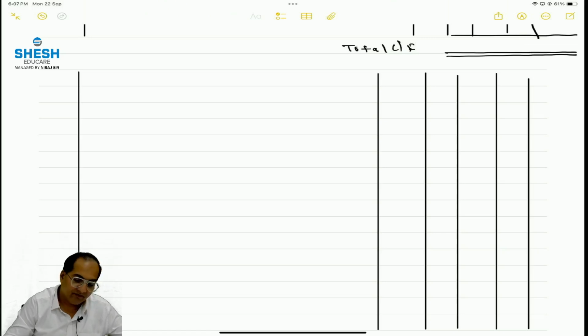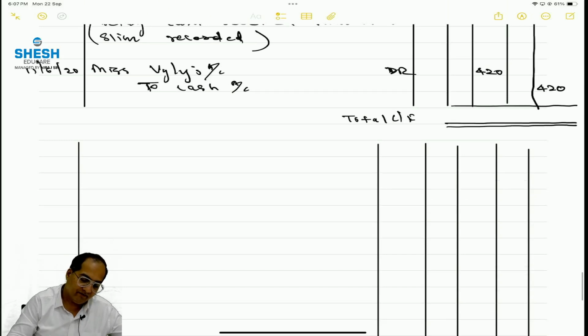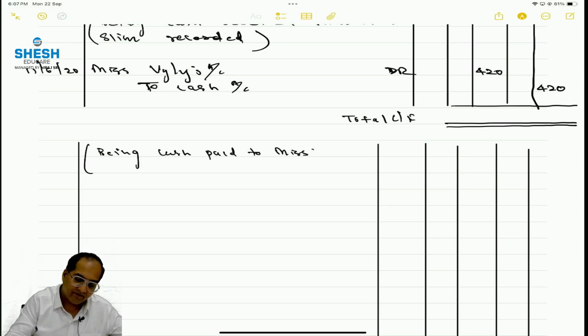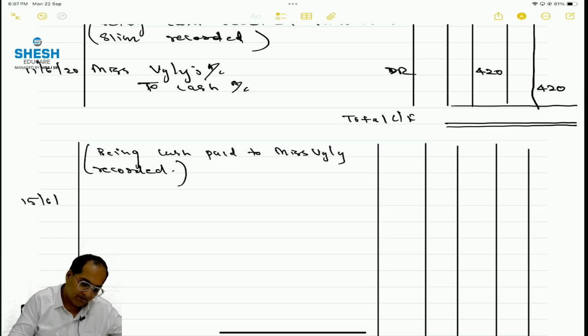Last transaction, but before that we have to write narration, no? Being cash paid to Miss Ugly recorded. And then on 15th of June, we have received cash from Handsome. So cash account debit 5.